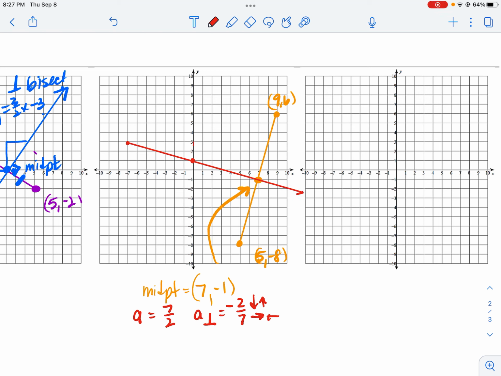So when we draw this line, this is my perpendicular bisector. In slope-intercept, I need y equals ax plus b. Here's b, the point 0, 1.